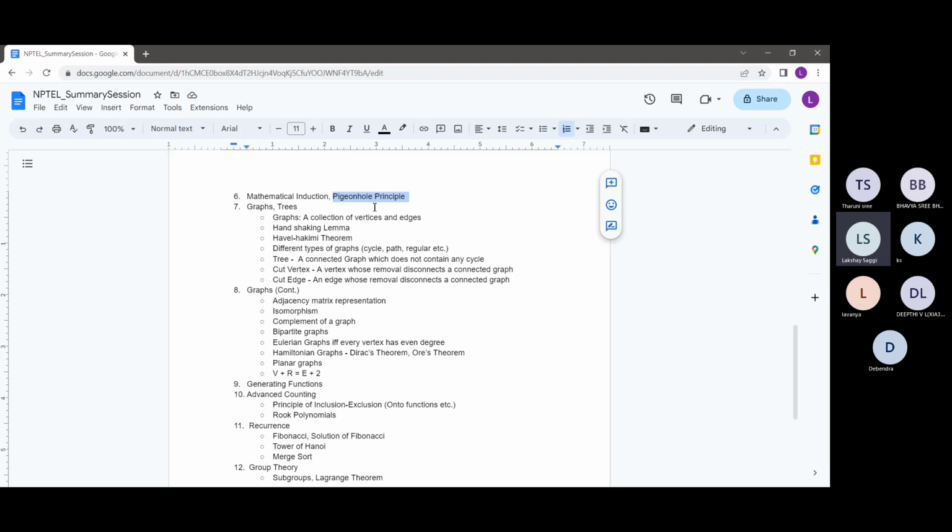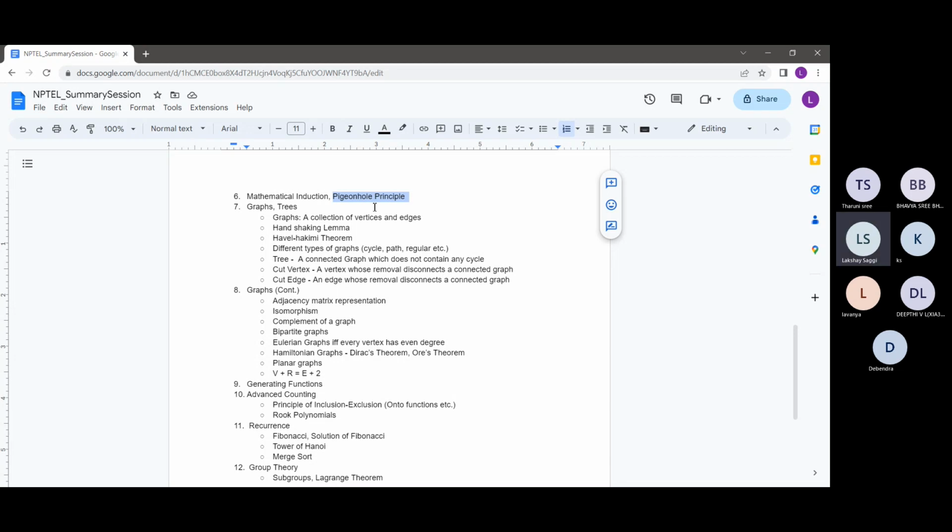Intuitively, it says that suppose there are k pigeons which have to go into k minus one holes. Then there will exist at least one hole with two pigeons, because k minus one holes need to accommodate k pigeons.